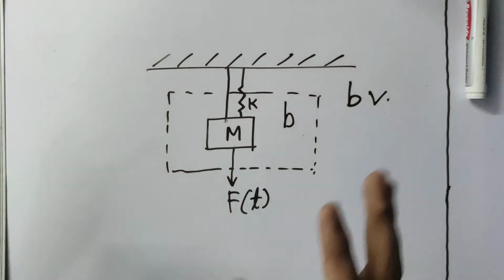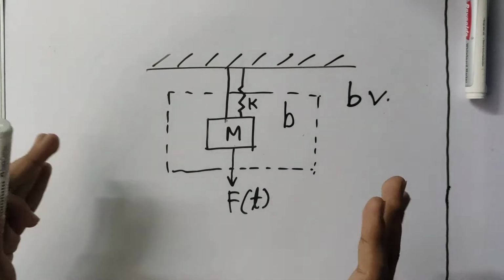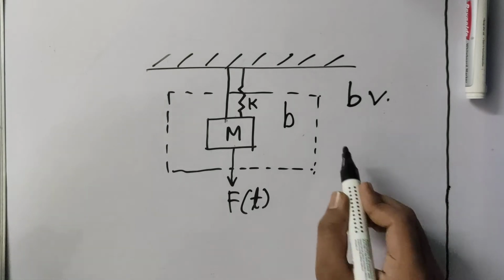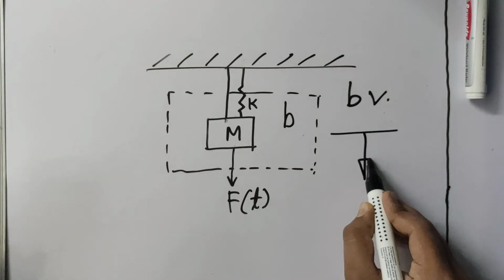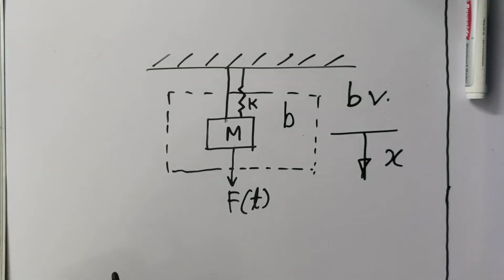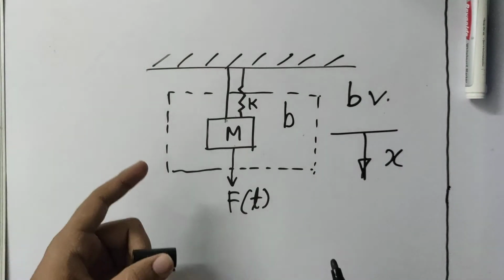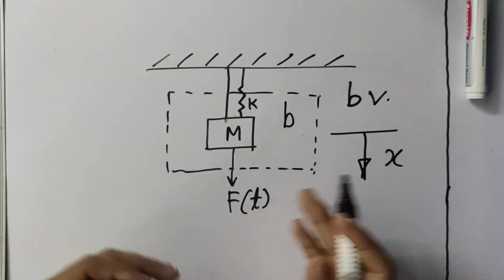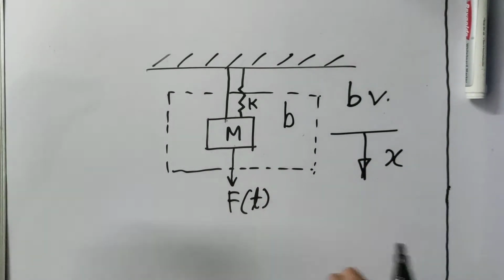Now when we are doing such a problem, first we need to choose our generalized coordinate. So I choose the x coordinate in this direction, downward, which happens to be Cartesian. Well, this is our generalized coordinate. How do we know it? Is it complete? Can it look at all the parts of the system at all times? Yes. Is it independent? This is very simple.